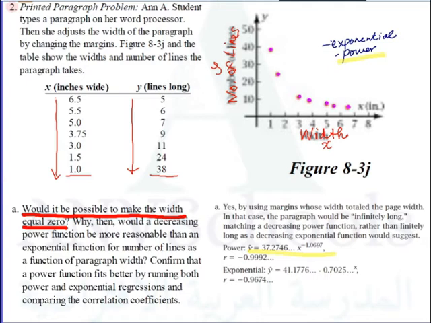The correlation coefficient is negative 0.9992. While taking a look at the exponential regression will give us y hat = 41.1776 times 0.7025^x, which is increasing, okay?